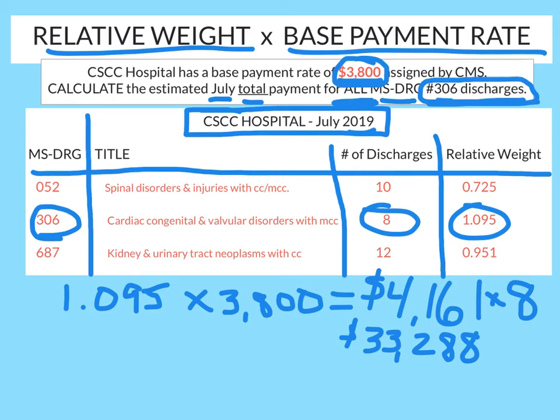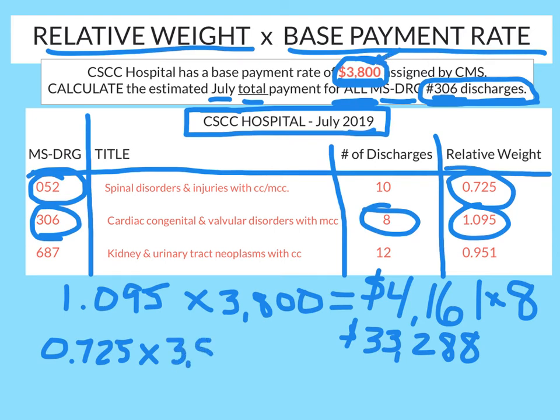Let's do one more. So let's pretend instead of 306, I was asking for the July total payment to the hospital for all MSDRG 052 discharges. So again, relative weight, 0.725 times the base payment rate for the hospital, 3,800.